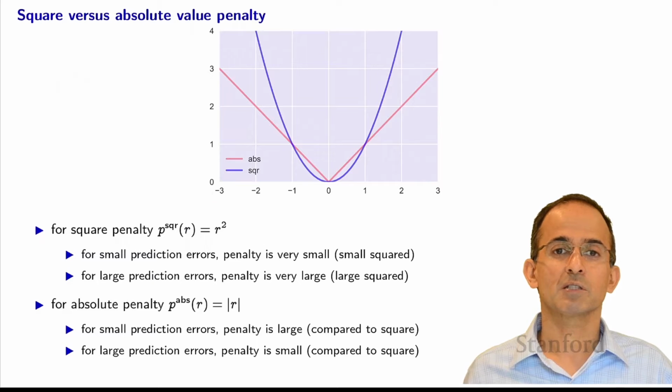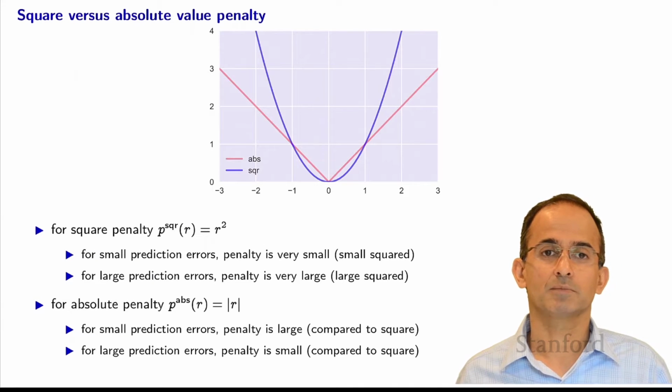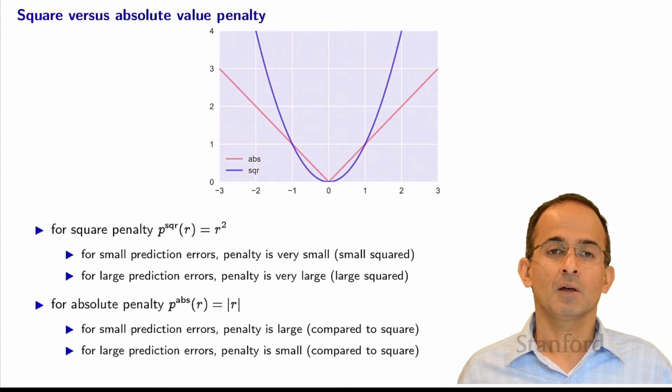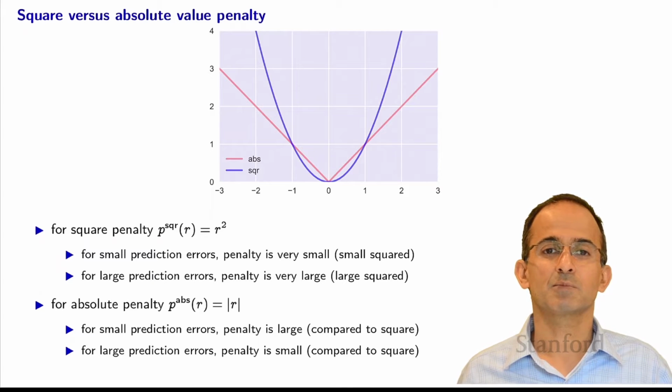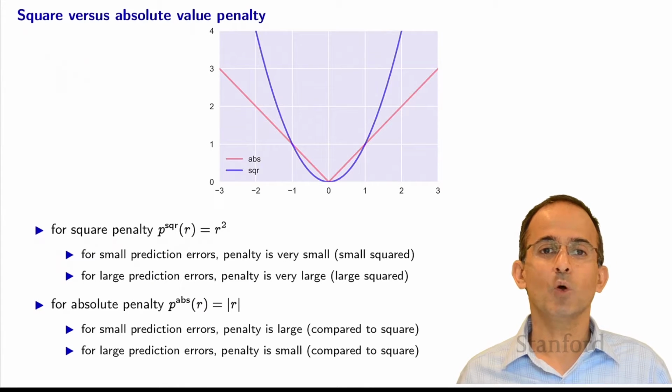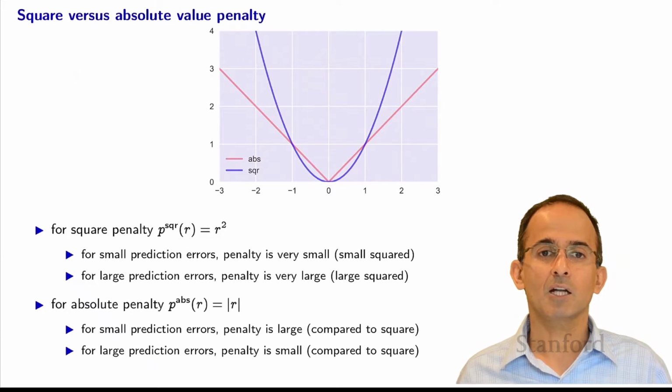When the prediction error is large, then the penalty is extremely large: large squared. If you compare this with the absolute penalty, we'll see that the absolute penalty responds less. For small prediction errors, the penalty is larger than the square penalty. And for large prediction errors, the penalty is smaller than the square penalty.